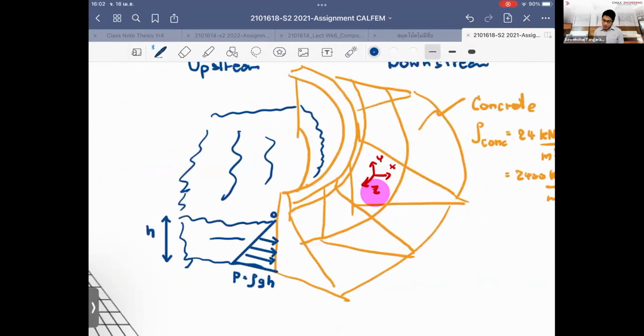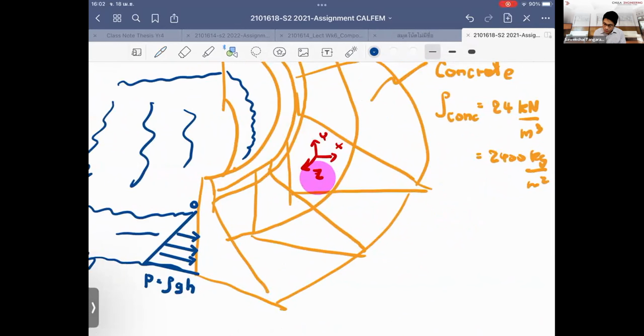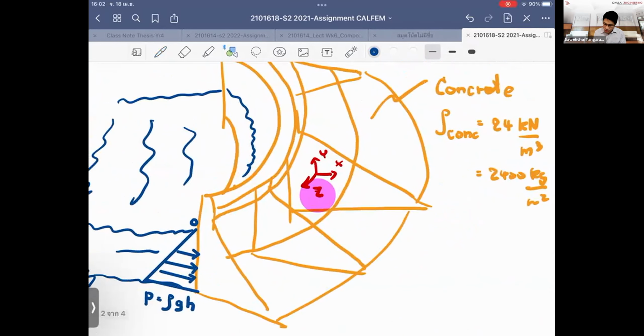So we end up with plane strain. Having this, I can simply cut any section or slice I like to investigate the problem. I say, okay, I want to cut here, and I'd like to analyze the dam behavior of this cut.